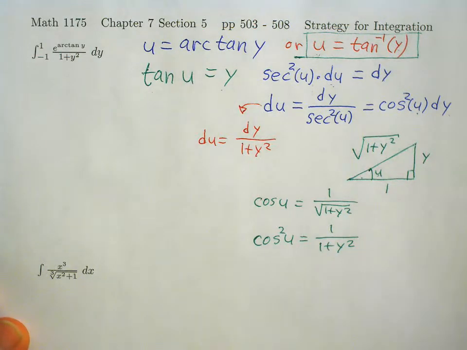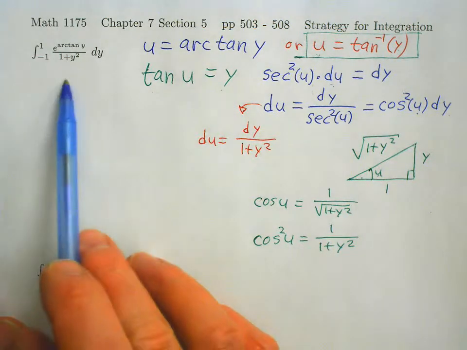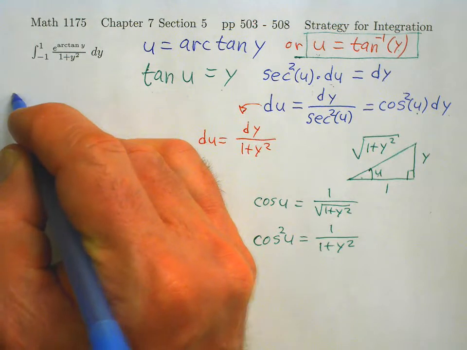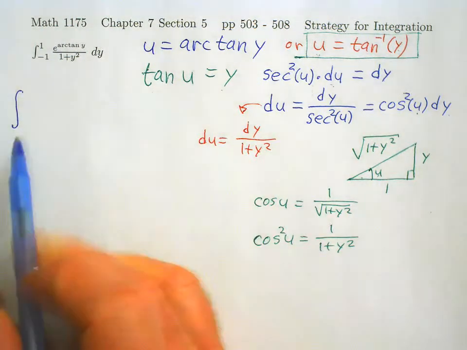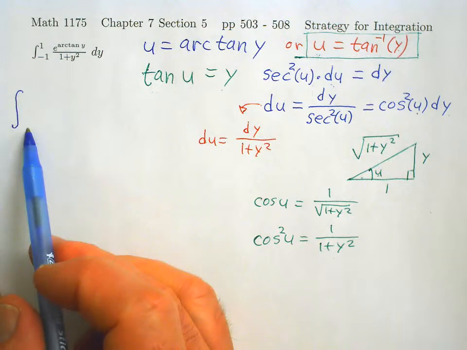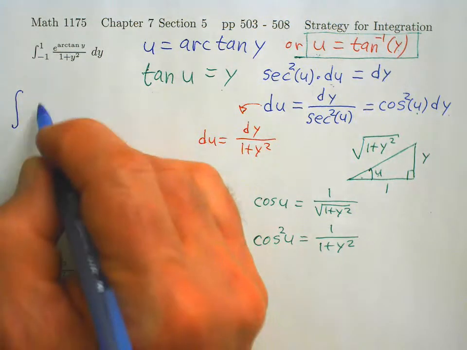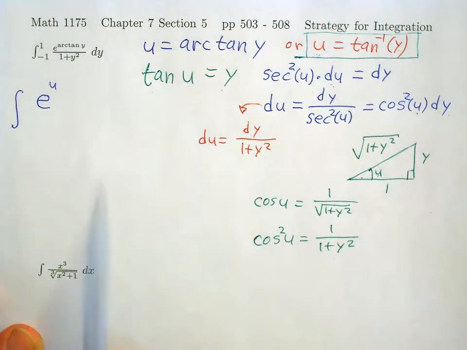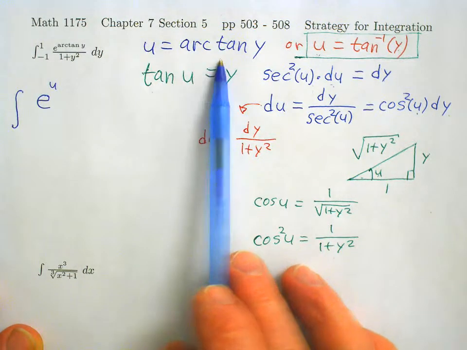Okay, now we can make substitutions into the definite integral. For now, I'll just leave the limits until a little bit later. But we have e to the u, because u is inverse tangent of y.